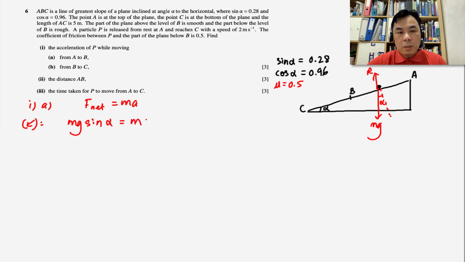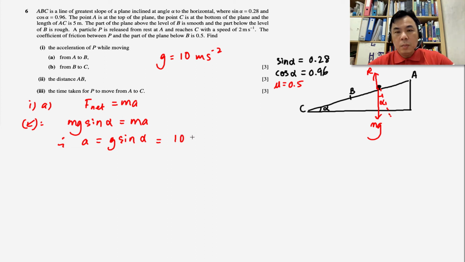That will be ma. Therefore, by simplifying, the acceleration of the particle along AB is g sine alpha. Using g as 10 meters per second squared, we have 10 times the sine alpha 0.28. Therefore, we get 2.8 meters per second squared. So that's the first part.